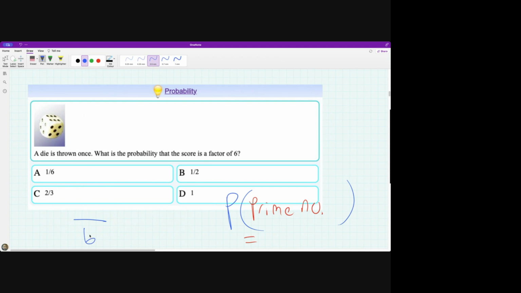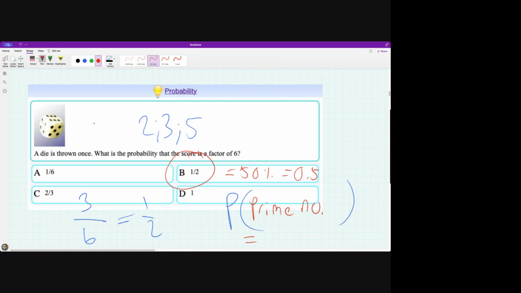It's still going to be out of 6, but how many prime numbers are there? There's 2, 3, and 5. So there's a 3 out of 6, which is the same as a half. And the correct answer would be B. Another way of saying that is a 50% chance. Another way of saying that is 0.5 chance.